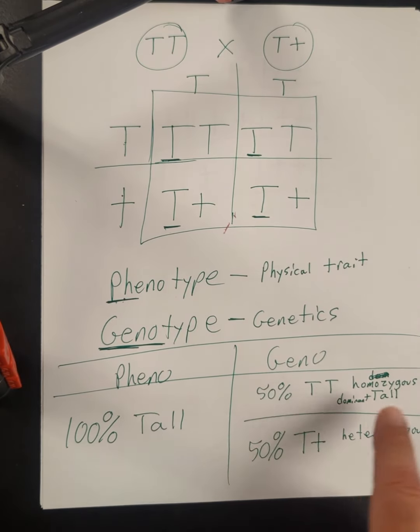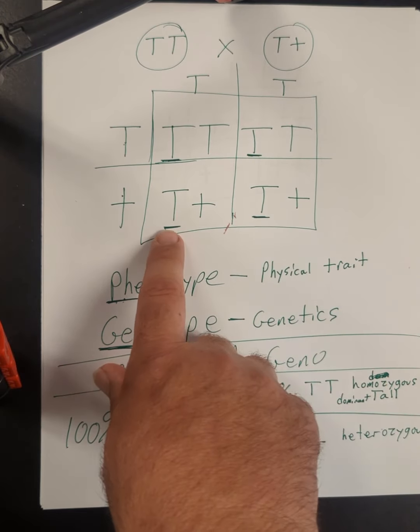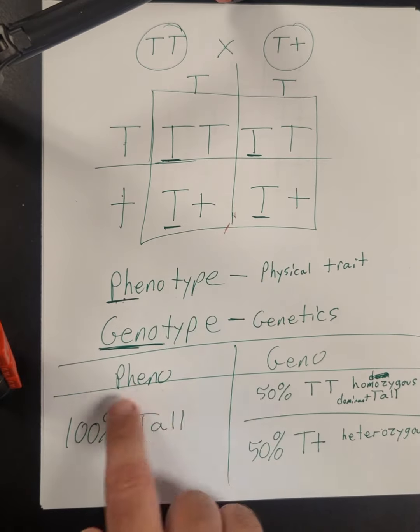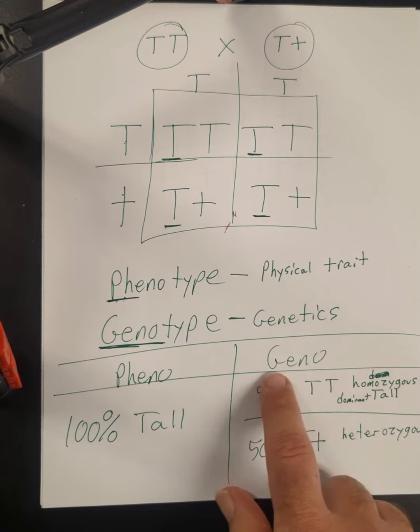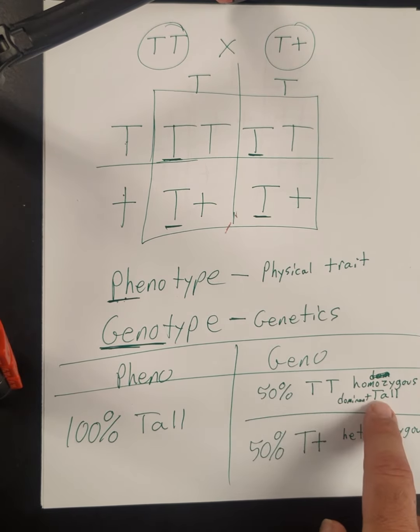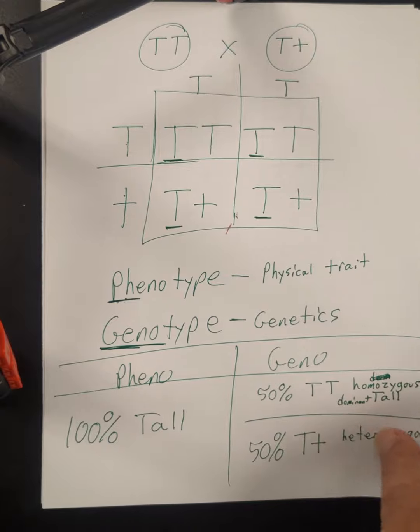Okay? These are heterozygous for tallness, but because the dominant overshadows the recessive, they will phenotypically be tall plants. All right? In terms of genotype, we have 50% homozygous dominant for tallness and 50% heterozygous. Okay.